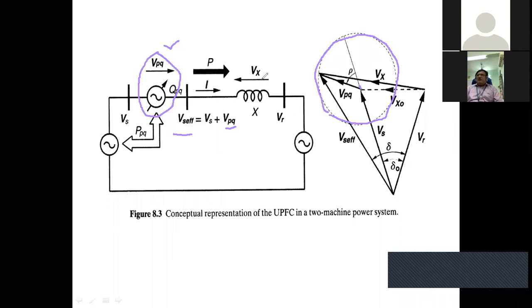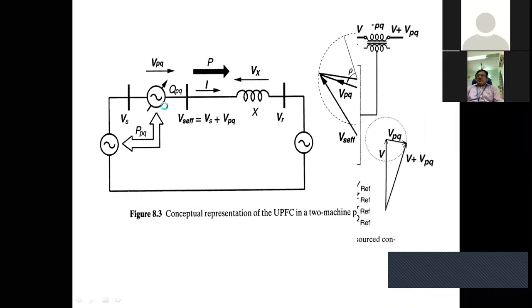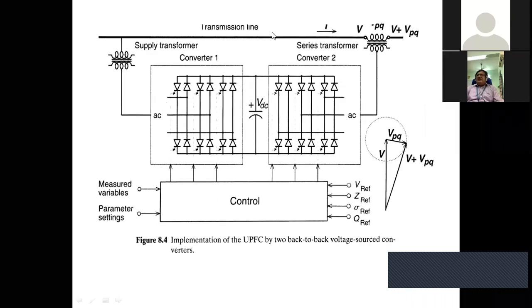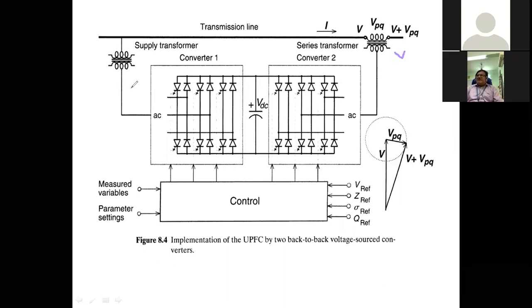Then coming to the next one, that is actual schematic of this UPFC. So this is main diagram of UPFC. Here in UPFC, already we have discussed, we'll have two converters, converter 1 in parallel and converter 2 in series, and they are coupled back to back using this DC capacitor.